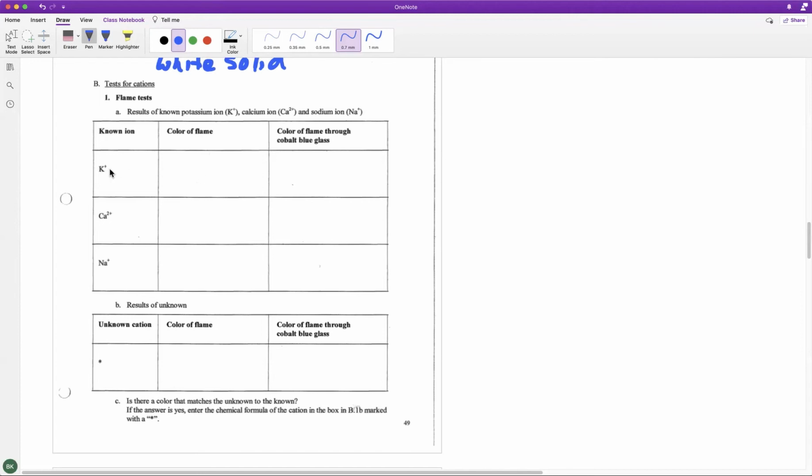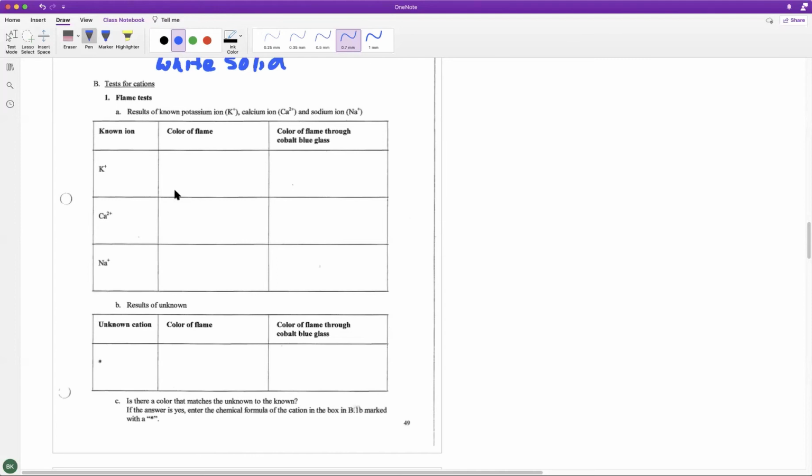And when you put a compound that has a particular cation in it, like potassium, it's going to change the color of the flame. So you're going to see different colors depending on whether it has potassium, calcium, or sodium. The first part of the test is observing what is the color of that flame when you burn it.